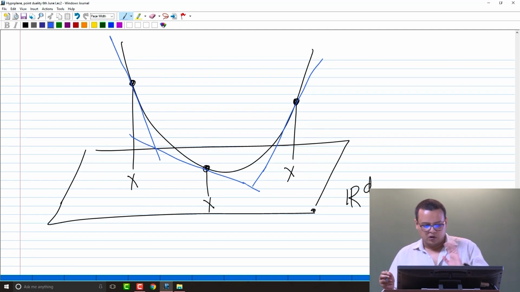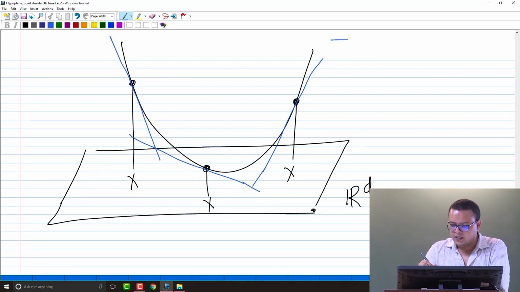Let us say I give you this theorem as a black box. This is what is called the upper bound theorem.